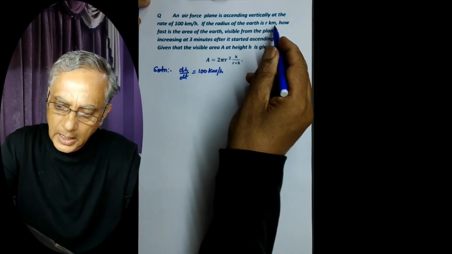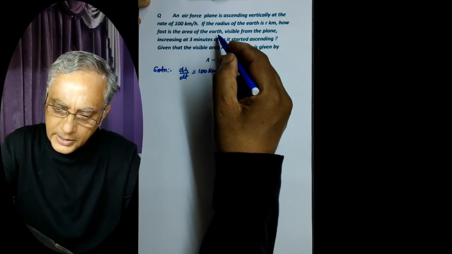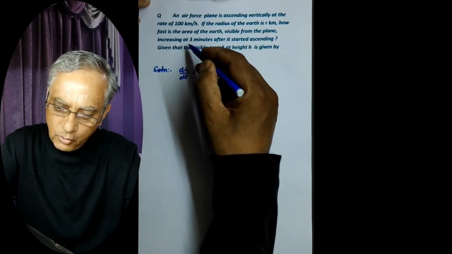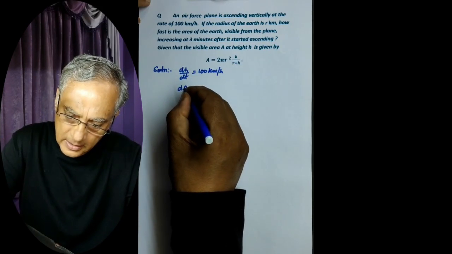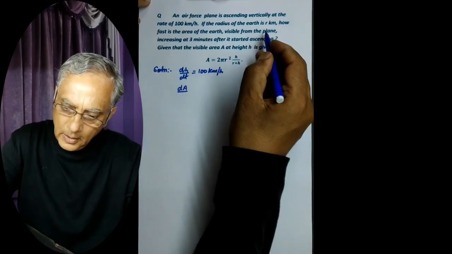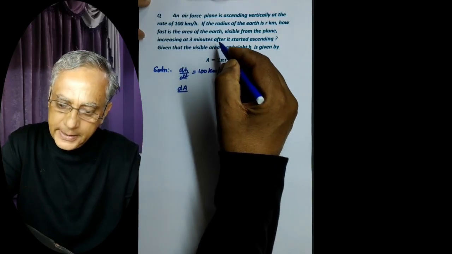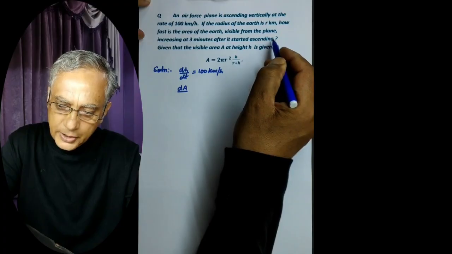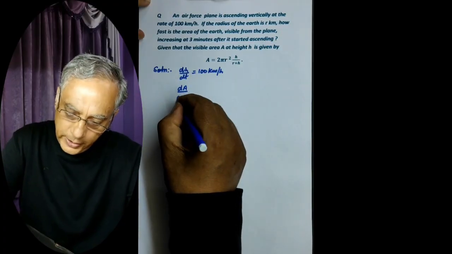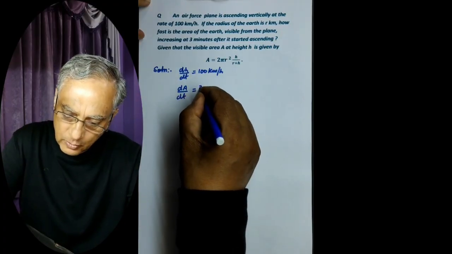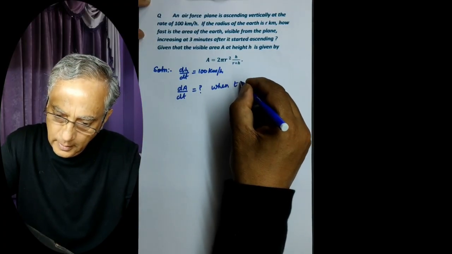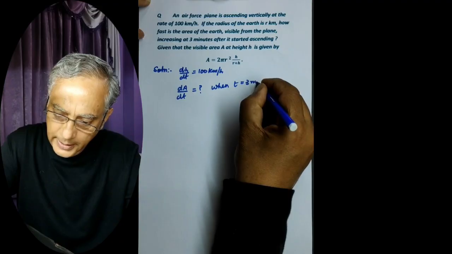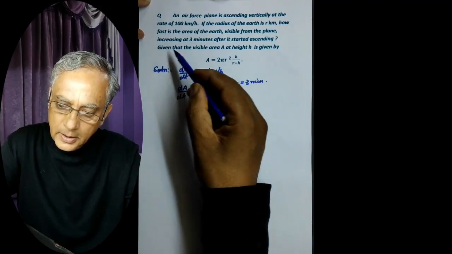If the radius of the earth is r, how fast is the area of the earth visible from the plane increasing at 3 minutes after it started ascending? So dA by dt is equal to question mark when t is equal to 3 minutes.